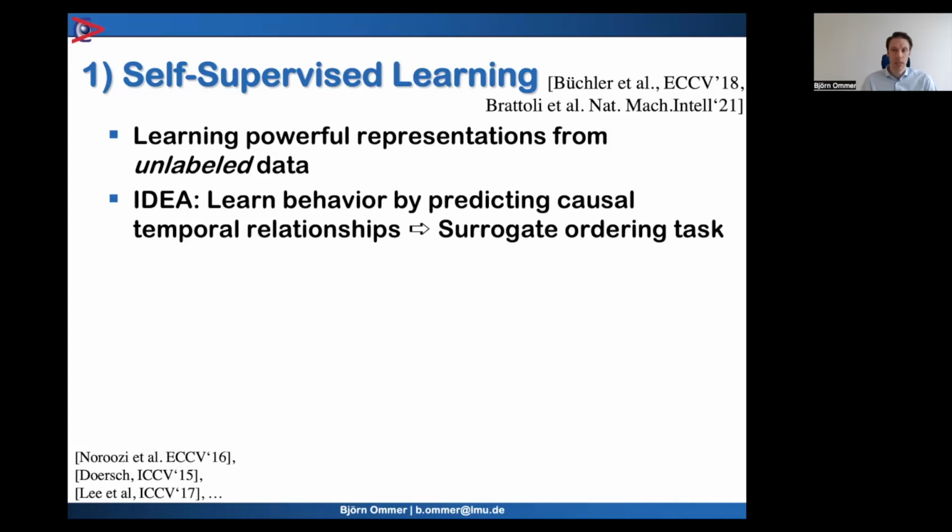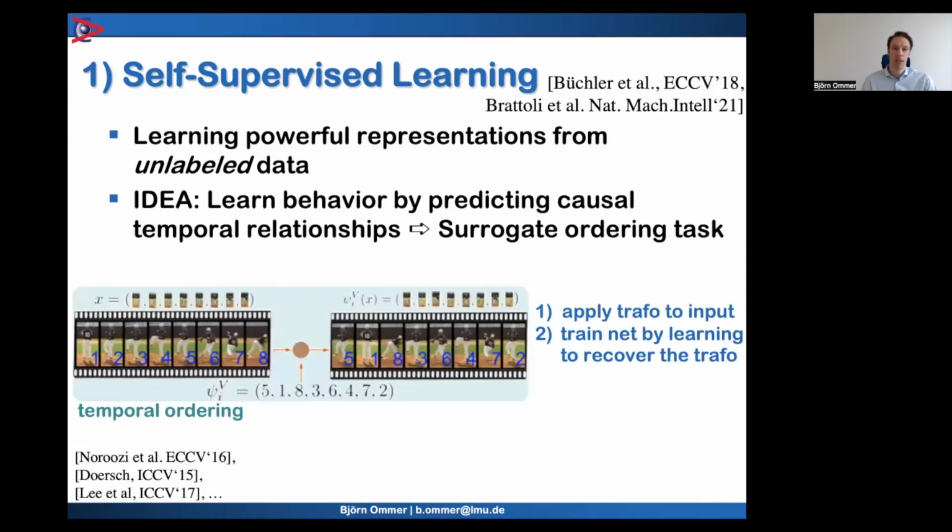That is, we predict the temporal order of a video sequence. To solve this jigsaw, the AI needs to understand the causal temporal ordering of behavior. Since our proposed machine learning algorithm would go beyond the scope of this venue, I have to refer you to our ECCV publication here and the journal reference listed above.